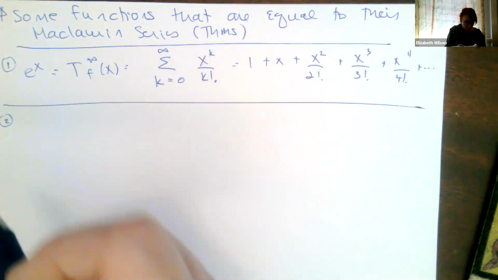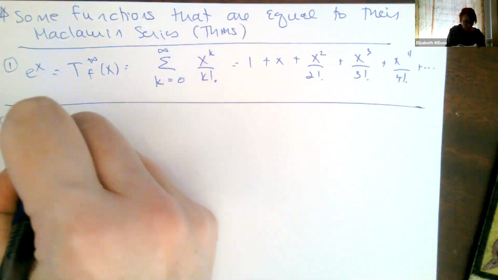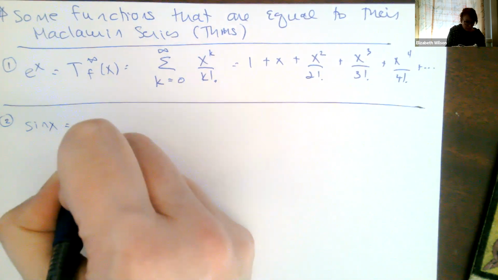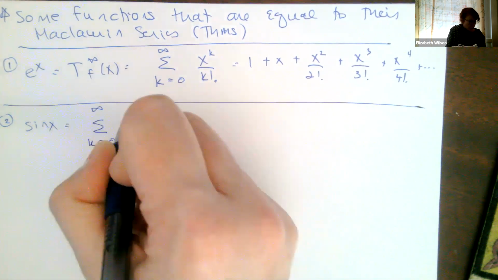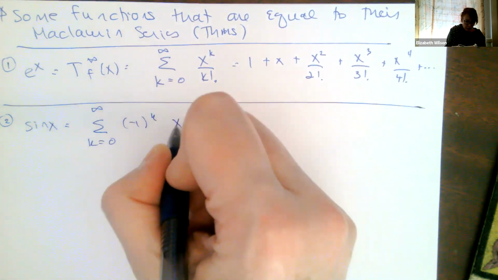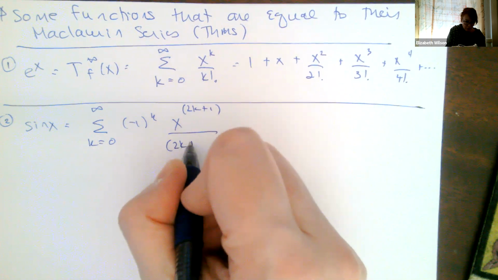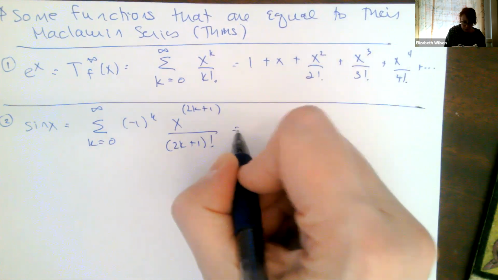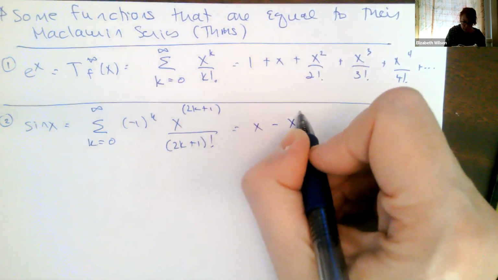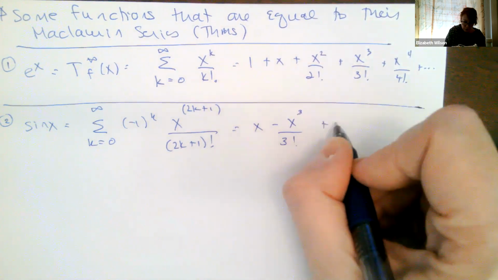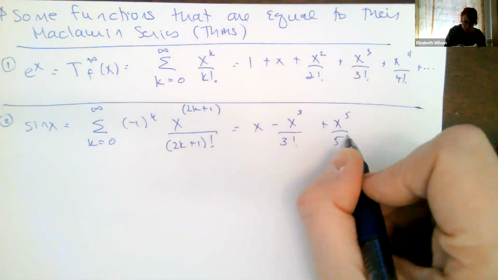So sine of x, right, is a summation, k equals 0, of minus 1 to the k, x to the 2k plus 1, over 2k plus 1 factorial, odd numbers. So on and so forth.